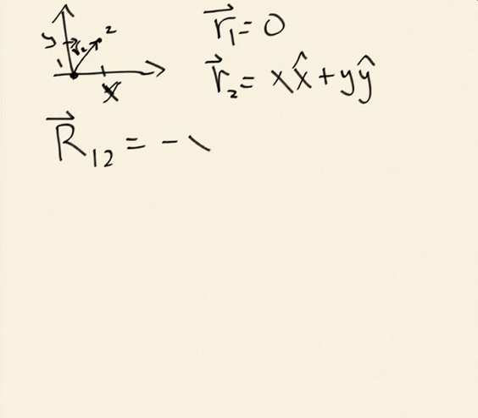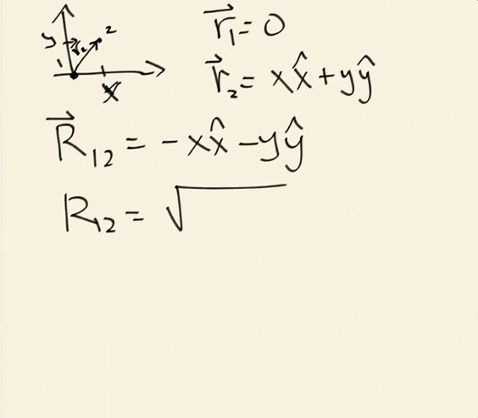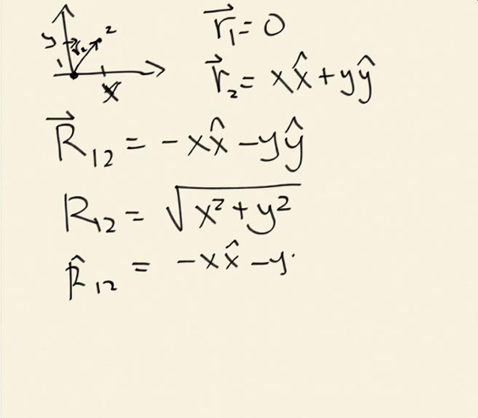So it's going to be minus x x hat, minus y y hat. That will be R12. And the magnitude of that vector, R12, will just be the square root of the squares of the components. Hopefully not surprising. And therefore the unit vector, R12 hat, will be minus x x hat, minus y y hat, over square root of x squared plus y squared.